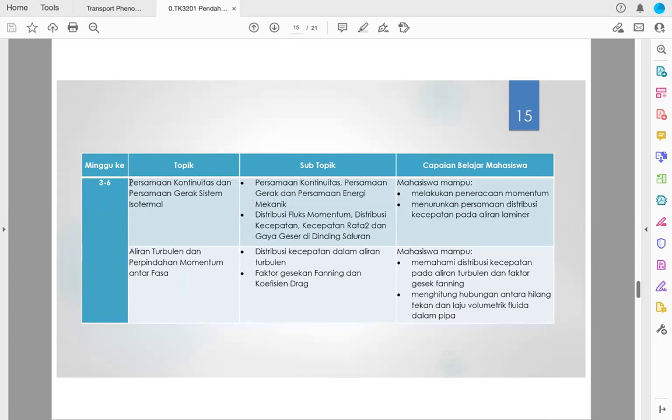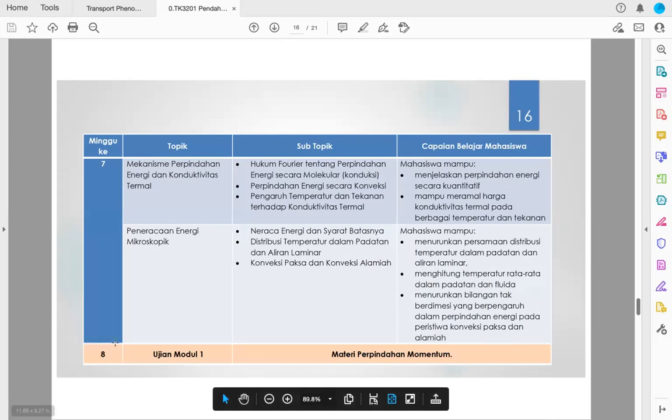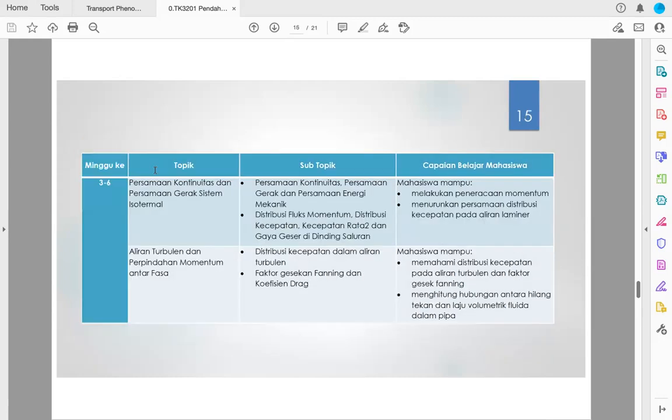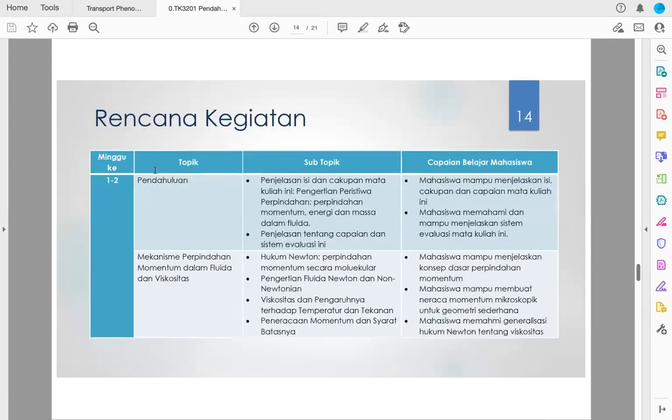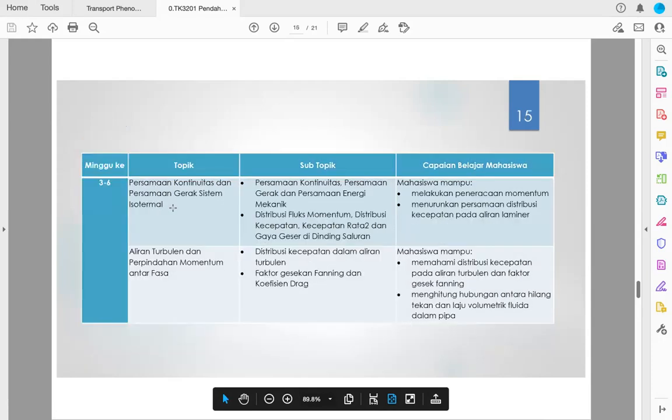I'm sure there would be another quiz, maybe in week 6, after we finish chapter 3 or chapter 4, and after that we'll have the exam at week 8. At week 7, we'll continue to the energy balance. I would imagine that in each module there would be 2 quizzes.